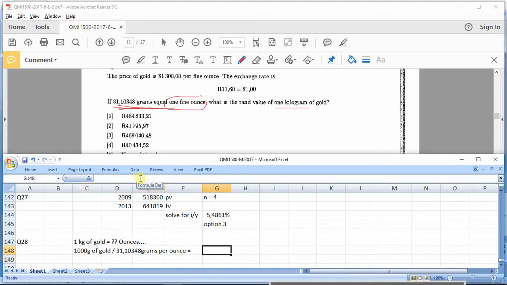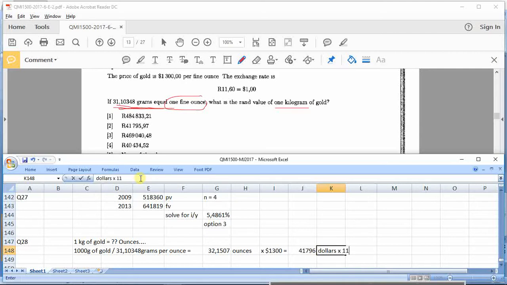So let's see, 1,000 divided by 31.10348 gives me that many ounces. And then I know that the price is $1,300 per ounce, so times 1,300 gives me that in dollars.